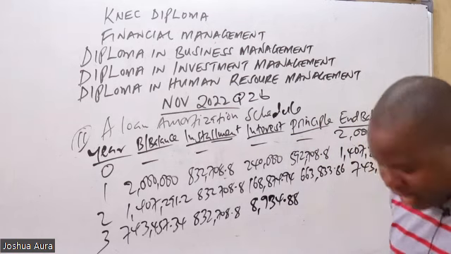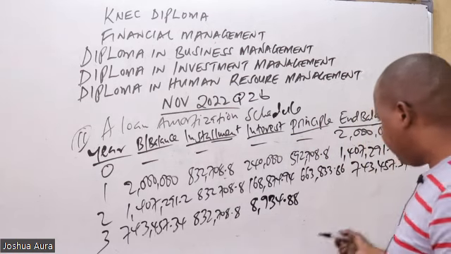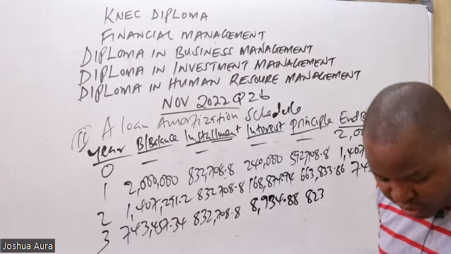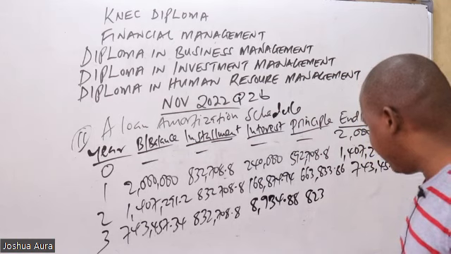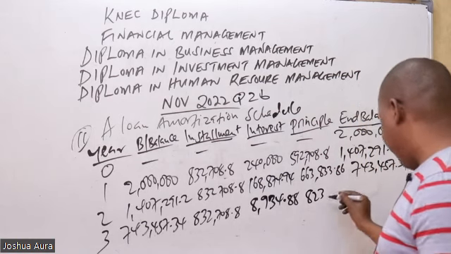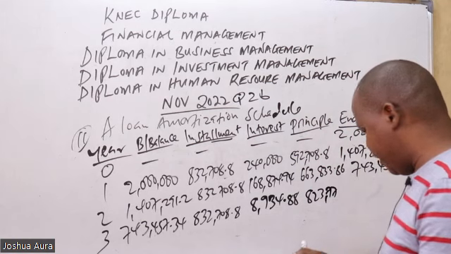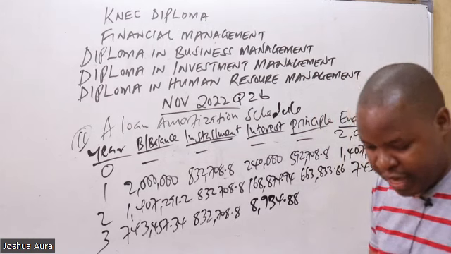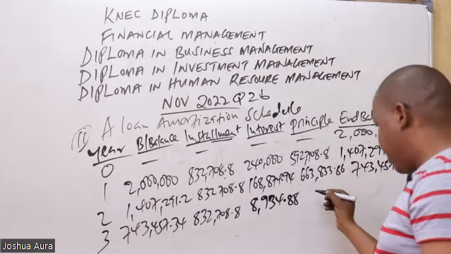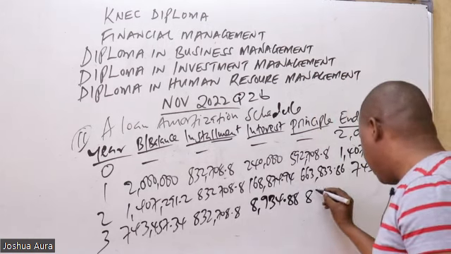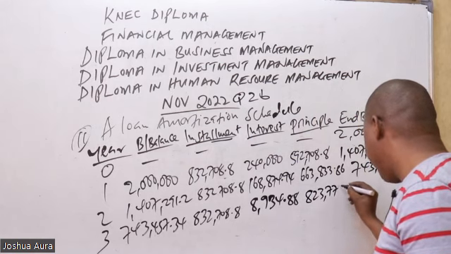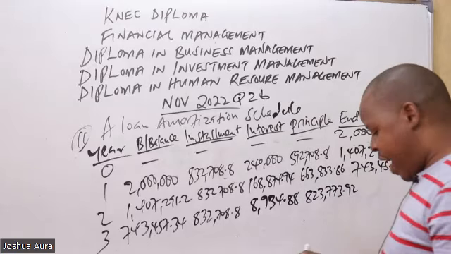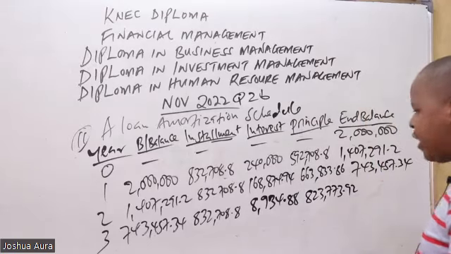Our principal amount is 823,773.92. And now what will be our ending balance for year 3?